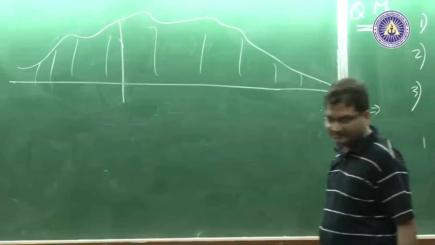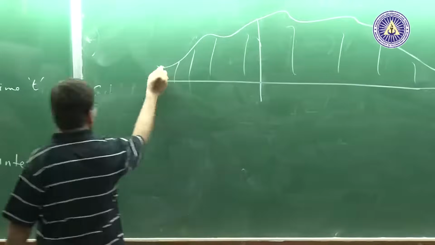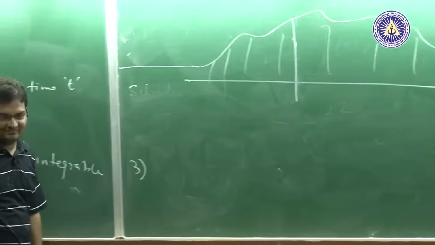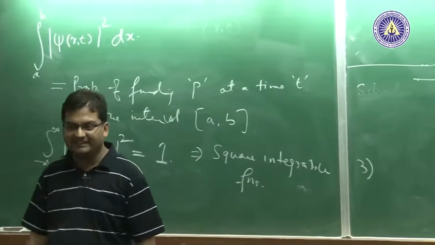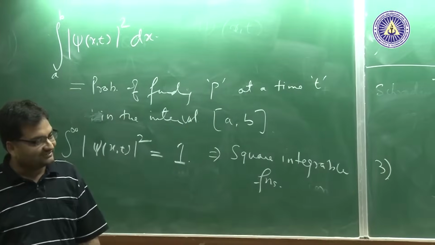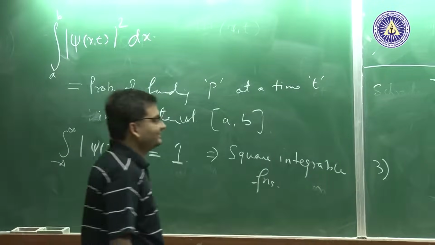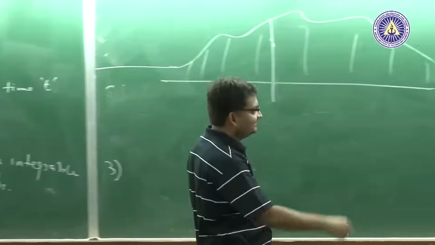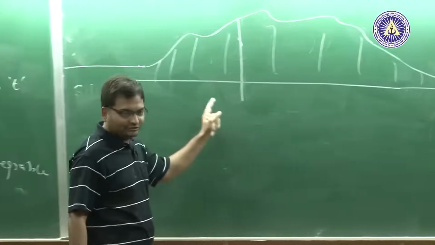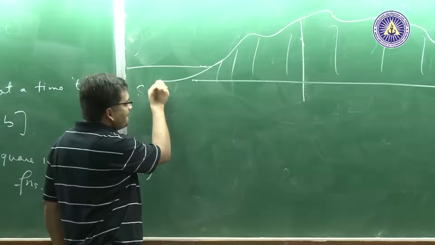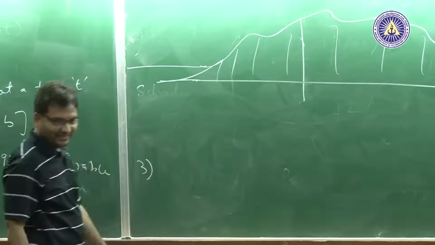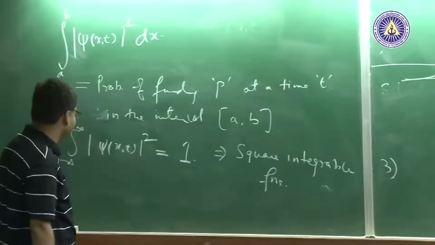If this is going to a constant at infinity, the area is going to infinity, diverging, right? So, mod psi square better go to 0 as x goes to infinity.